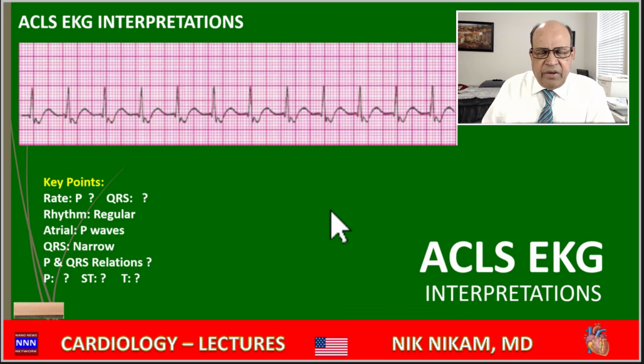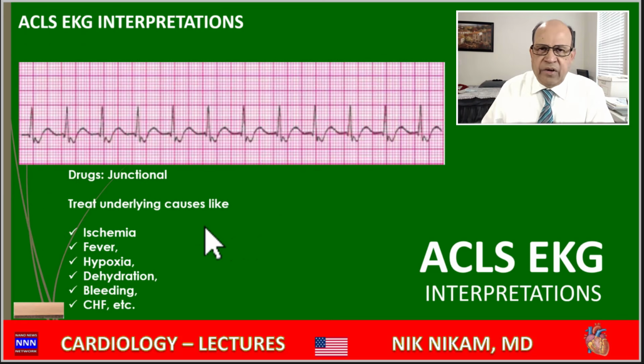Junctional tachycardia may be seen in patients with inferior myocardial infarction, and it is usually related to ischemia. And once the infarction settles, the rhythm usually disappears. The actual treatment for this rhythm is the treatment for the underlying myocardial ischemia. So we look for ischemia, fever, hypoxia, same thing, bleeding, heart failure, and correct those underlying conditions.